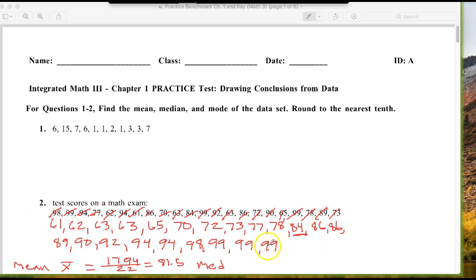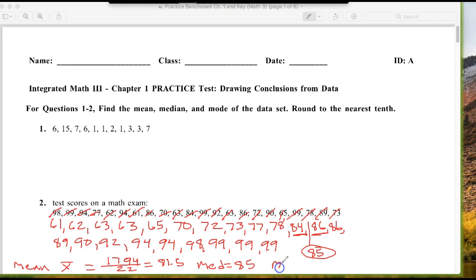If I go backwards from the end, 1, 2, 3, 4, 5, 6, 7, 8, 9, 10, 11, this is my 11th value. So really it's the 11th and the 12th value. You're going to add these together since it's even, and divide by 2. You can see the average of 84 and 86 is right in the middle at 85. That's going to be your median, 85.